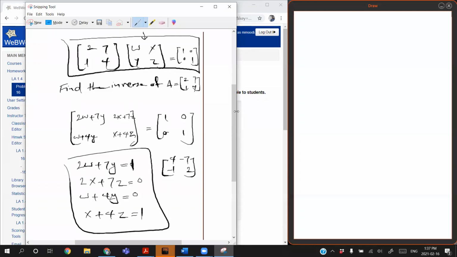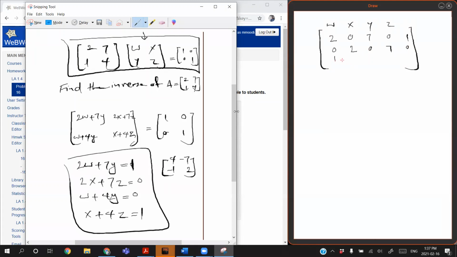So if I write down the augmented matrix, I need one column for W, one for X, one for Y, one for Z. So it's going to be 2, 0, 7, 0, 1. Then for the next row, I get 0, 2, 0, 7, 0.